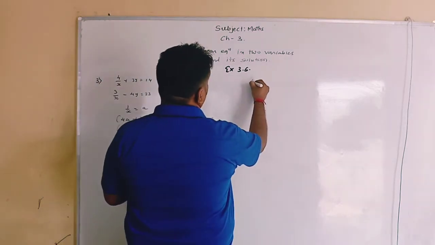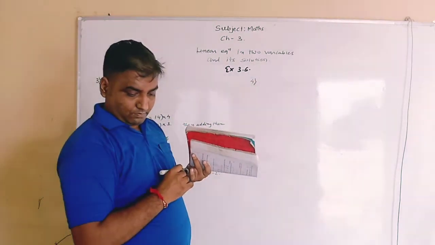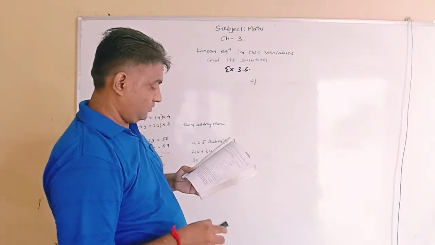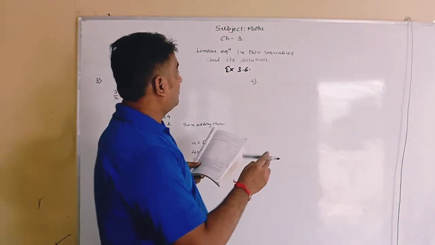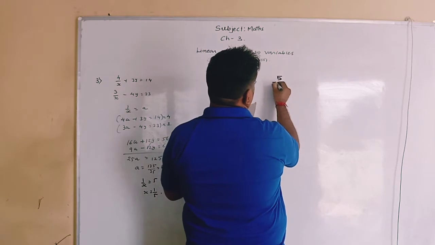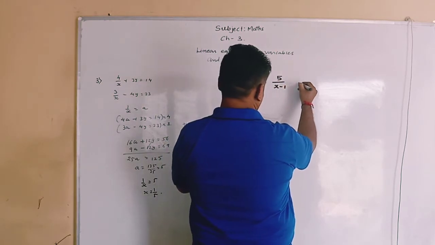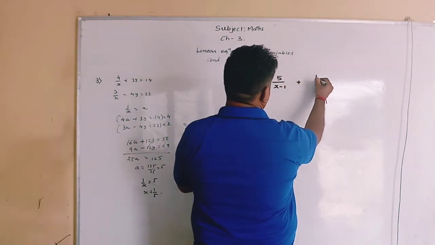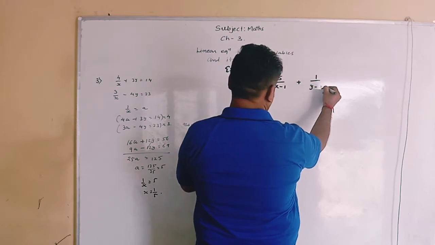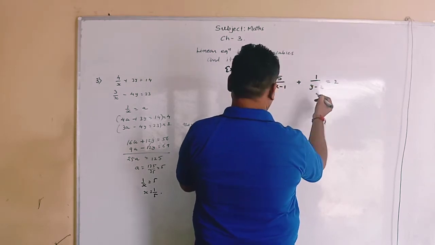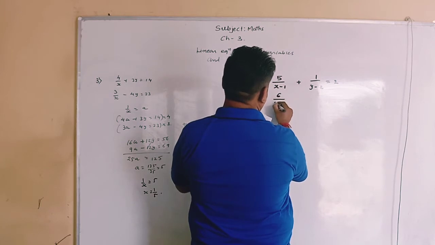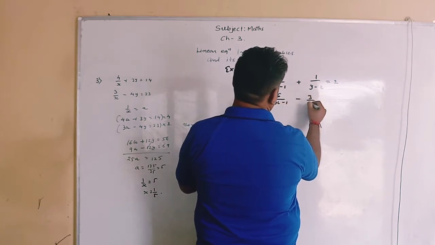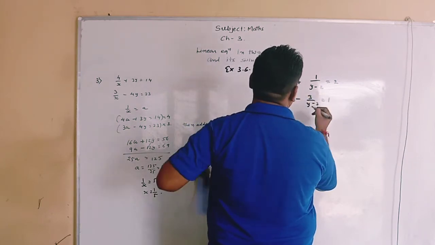Now the first question we have 5 by x minus 1 plus 1 by y minus 2 equals 2, and 6 by x minus 1 minus 3 by y minus 2 equals 1.